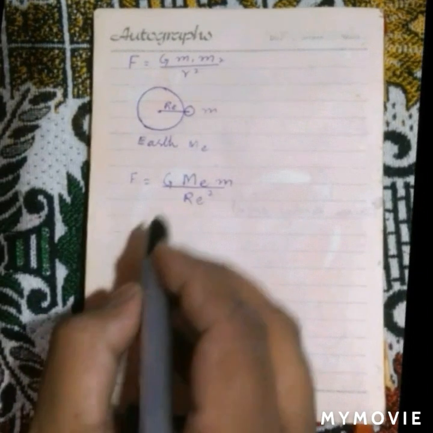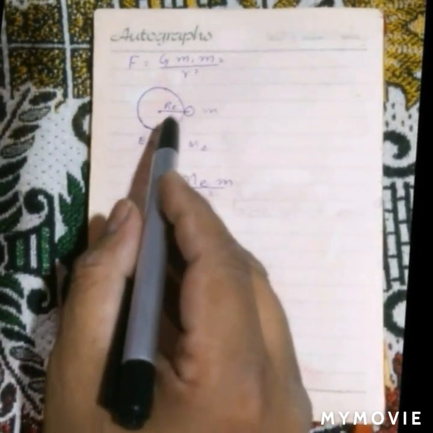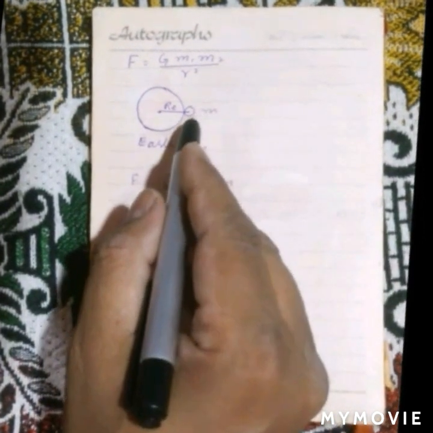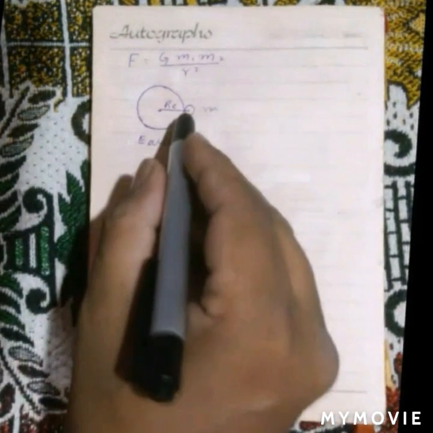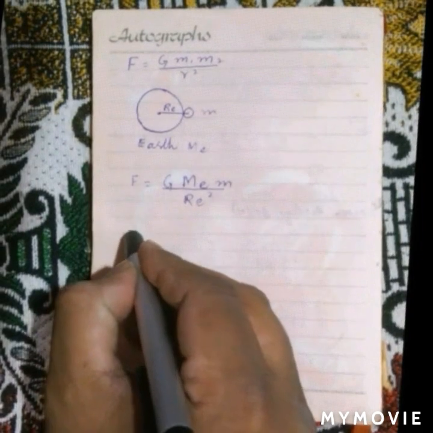Now we know that the force of attraction between the two objects, that is earth and the ball, will be the weight of the ball. The weight of the ball can be taken as mg, so the force can be replaced by mg.